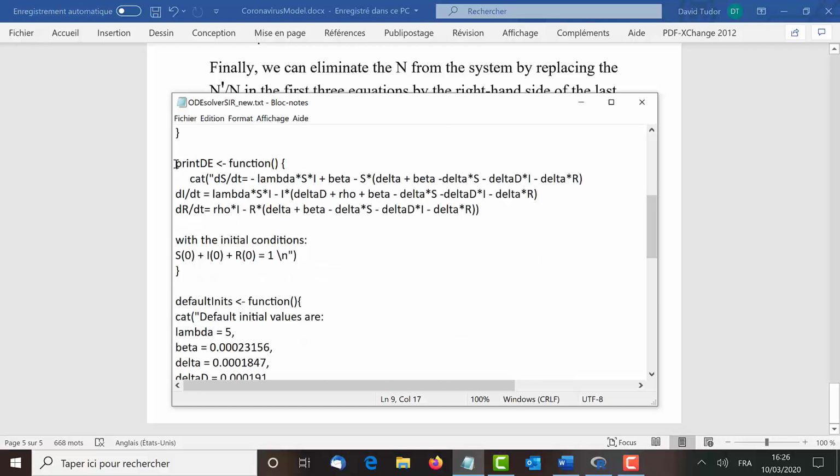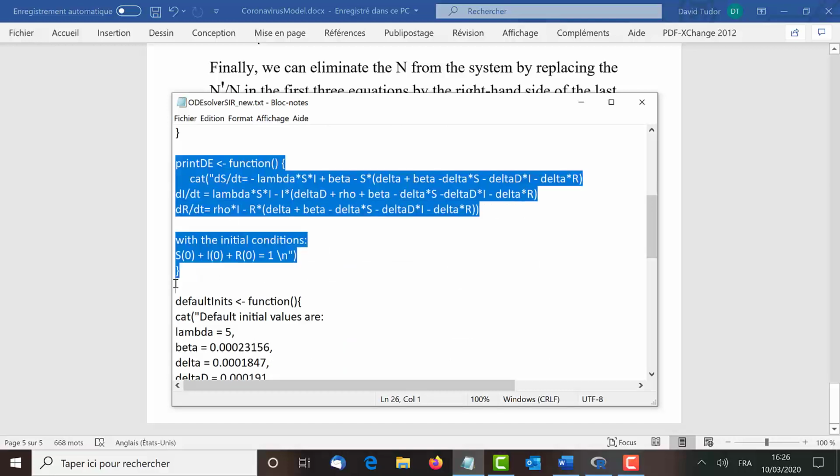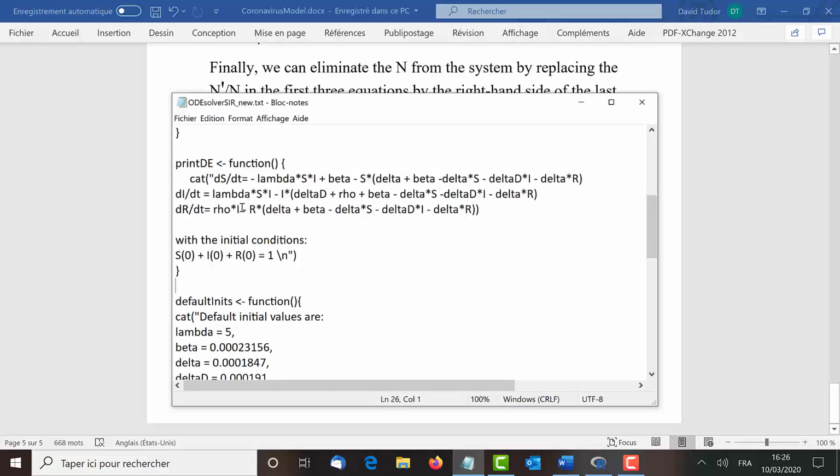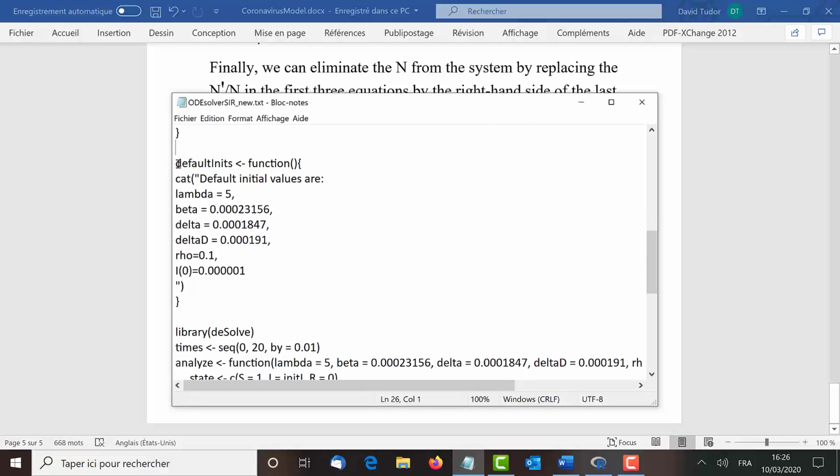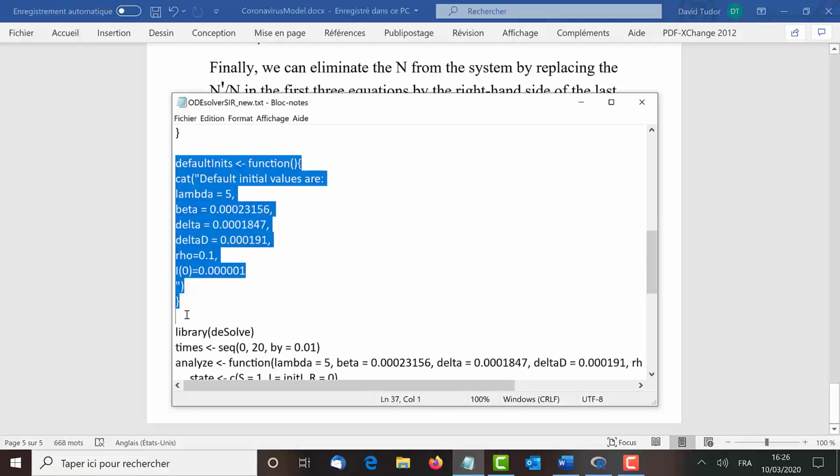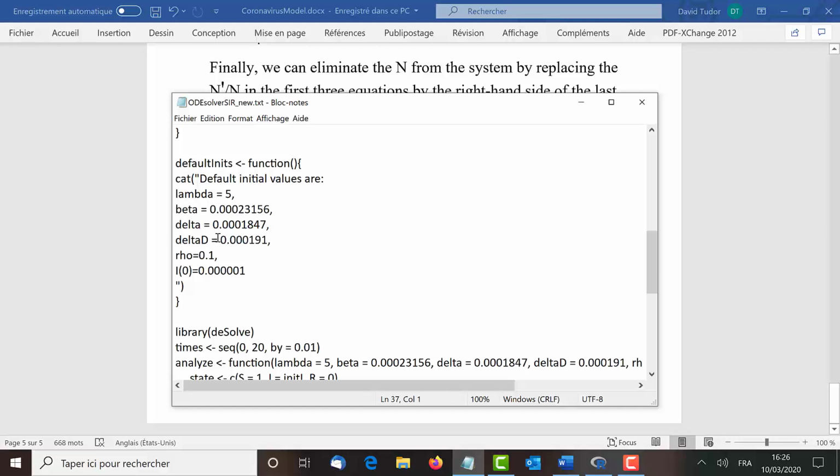Then we have a function that simply prints out the differential equation if we want to review the equations that are being solved. And I have programmed certain initial values that we'll look at more closely now. You'll be able to change them in the program yourself. So we'll explore some of the possibilities.